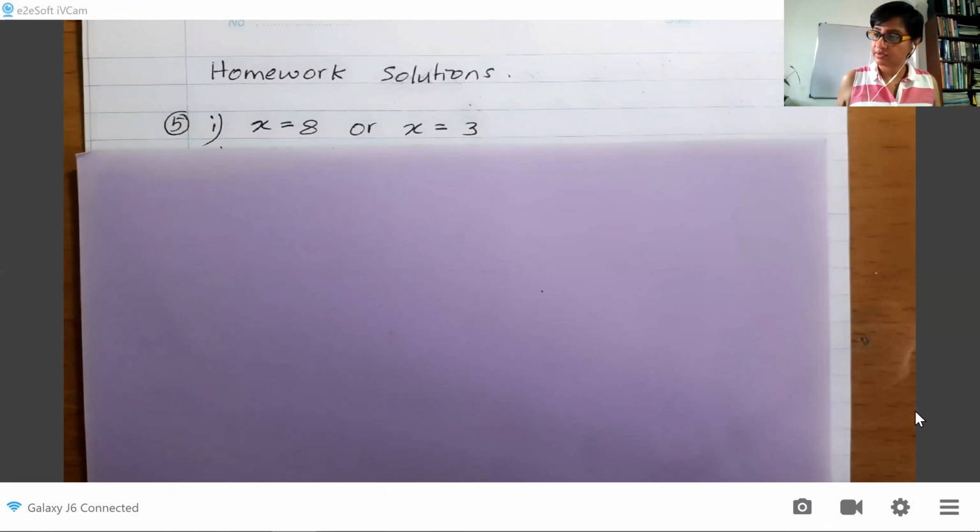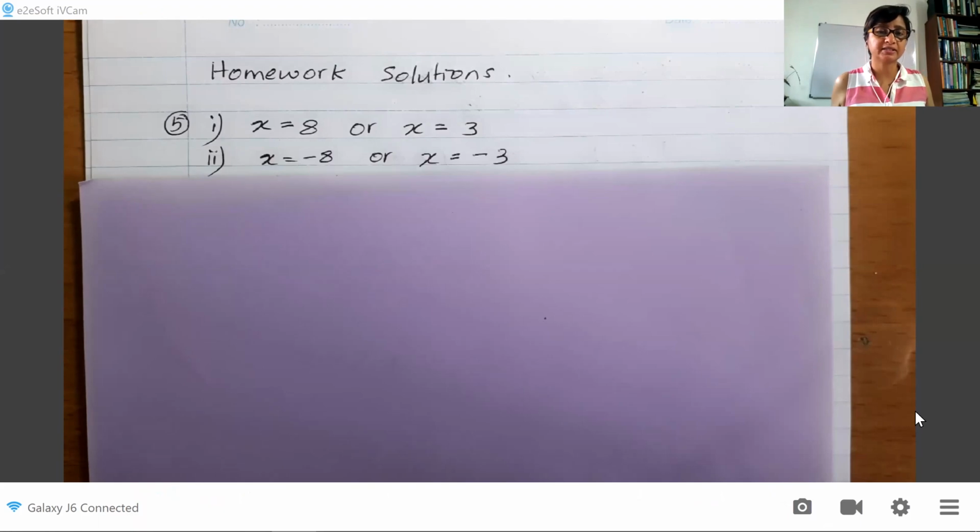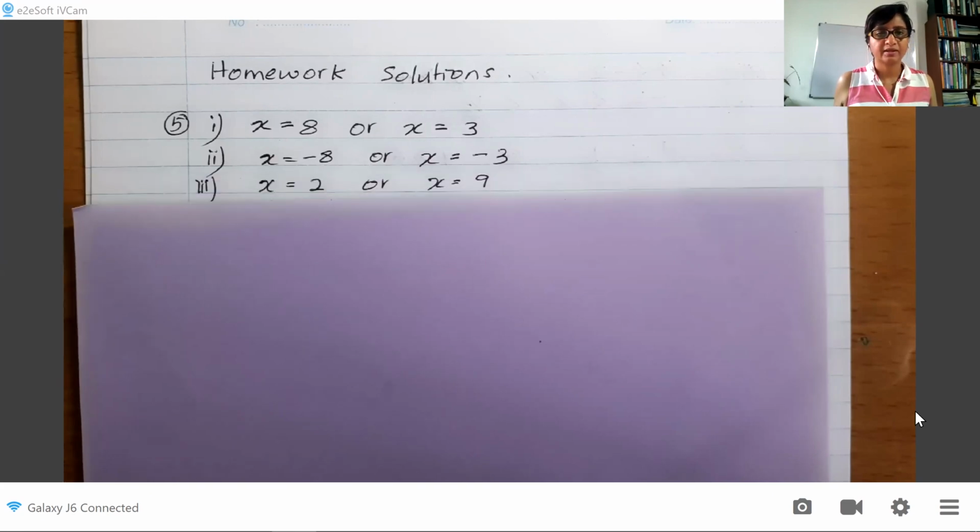Part 2, X is equal to minus 8 or X is equal to minus 3. Part 3, X is equal to 2 or X is equal to 9.